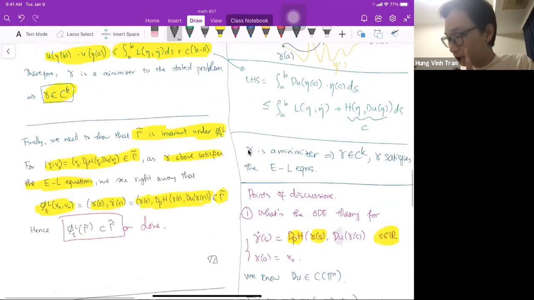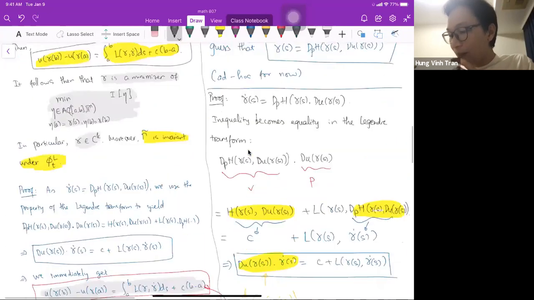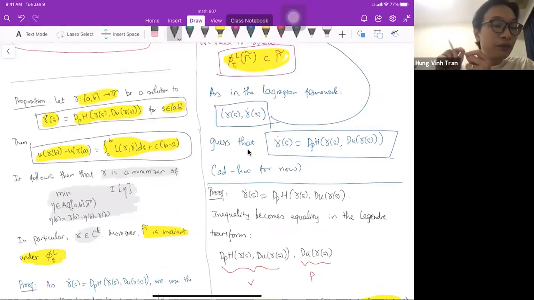You see that the gamma dot here is just going from 0 to any points. It doesn't need to be unique, but from any point A to B, it corresponds to a minimizer. So you have gamma is C^k, it satisfies the Euler-Lagrange equations, and correspondingly is invariant under the Lagrangian flow.